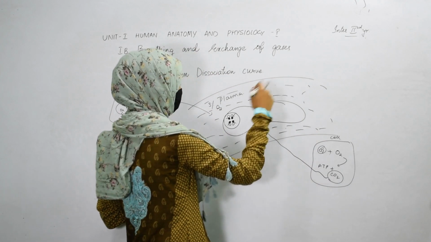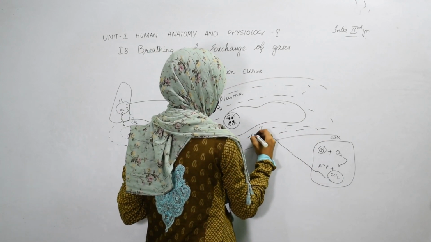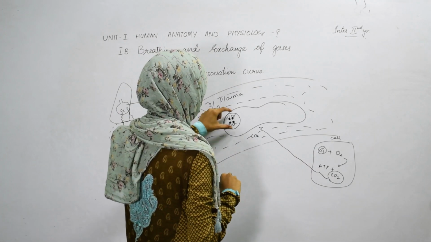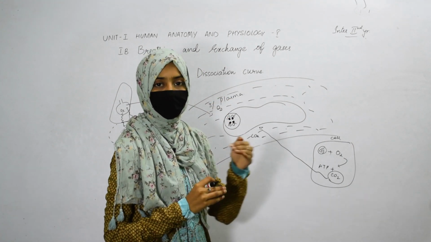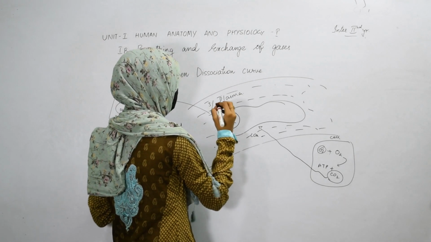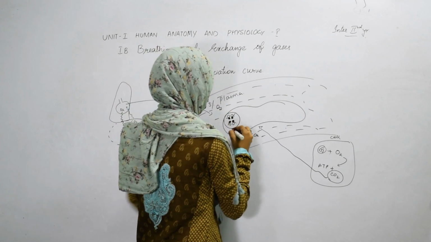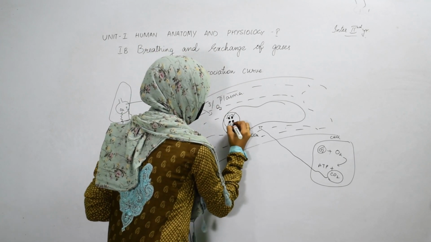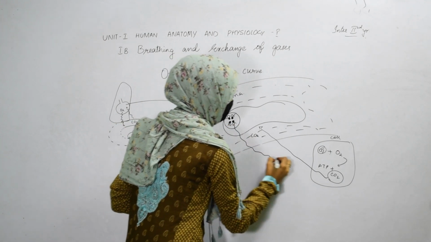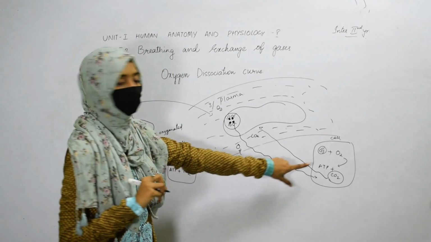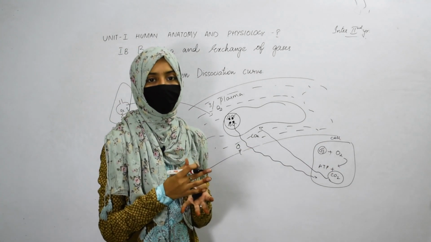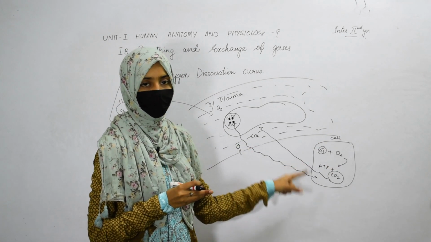Once the carbon dioxide enters into the blood vessel, the affinity, the binding capacity of the hemoglobin decreases. As soon as the affinity of the hemoglobin decreases, one molecule of oxygen is released by the hemoglobin and it can enter into the cell. The cell again can perform the reaction to form ATP.